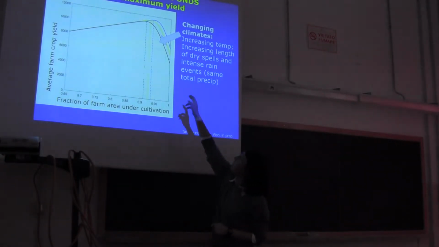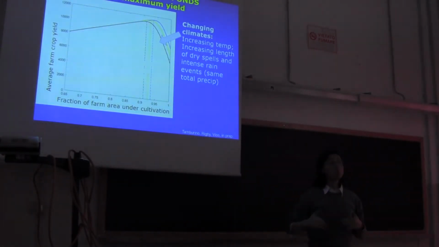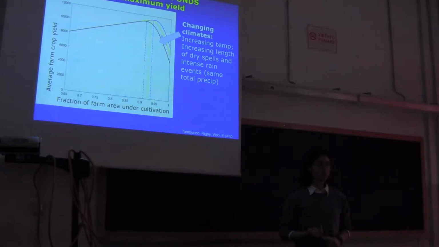And then in black, the more extreme climate, warmer than the yellow, more extreme dry periods in terms of length, and bigger events. But still, total amount of precipitation is the same.